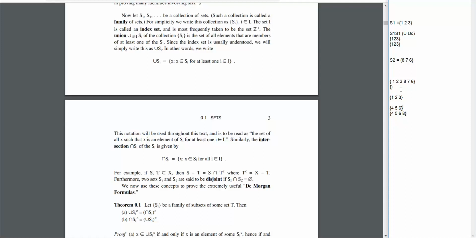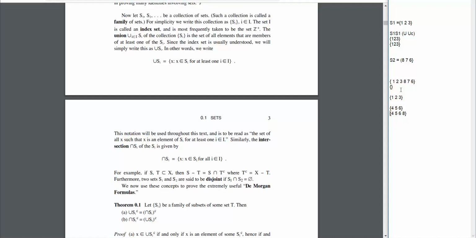So we know T is a proper subset of X, and then S minus T is S intersection with T complement, which would yield 1, 2, and 3, right?